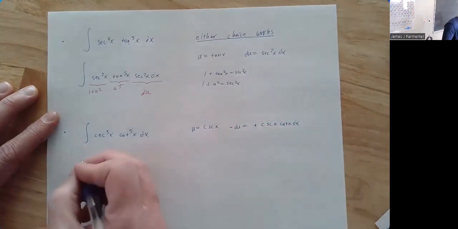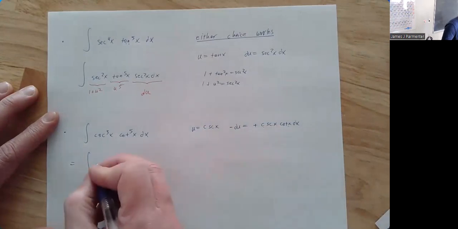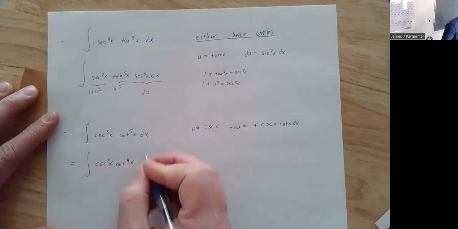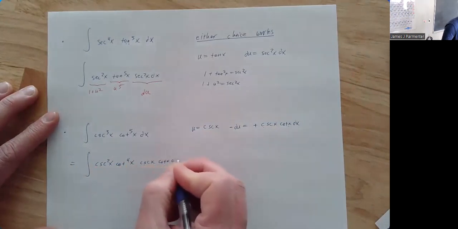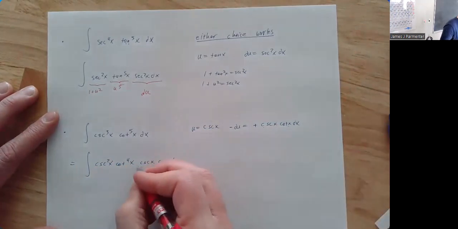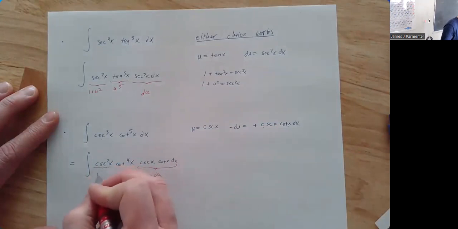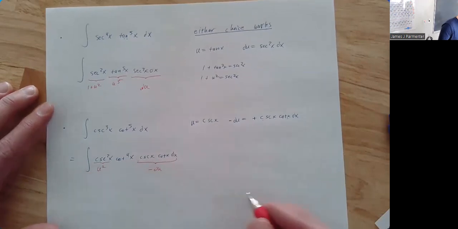And I'm going to rewrite this as pulling out a cosecant and a cotangent. So I'm left with cosecant squared x, cotangent to the 4th x, and then here's my cosecant x cotangent x dx, which is my negative du. And cosecant is my u, so that's my u squared. Oh, and I gave myself a big enough power that I have to do this trig identity thing.